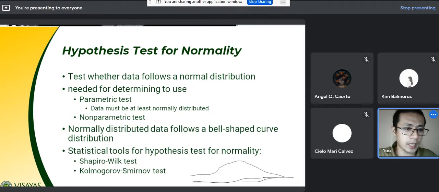So do these tests look familiar to you? Have you ever heard about the Shapiro-Wilk test and the Kolmogorov-Smirnov test? Or is it your first time to hear these statistical tools? Or was it already mentioned in your research subject?